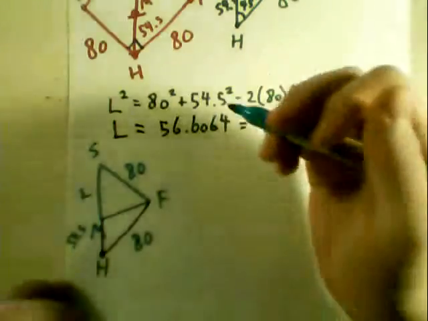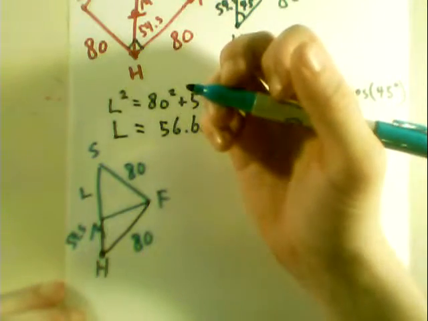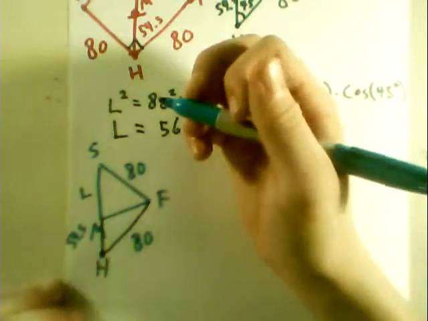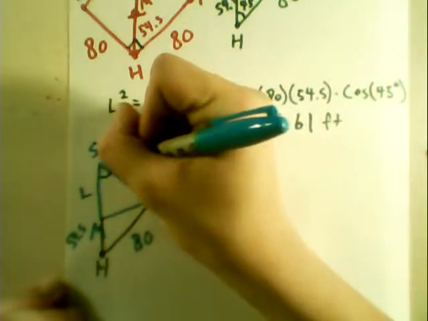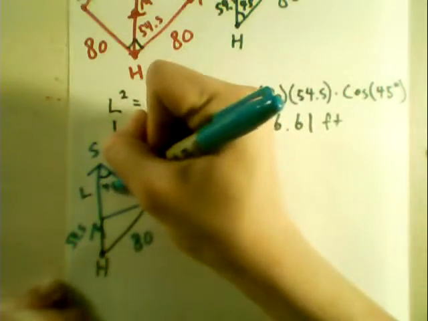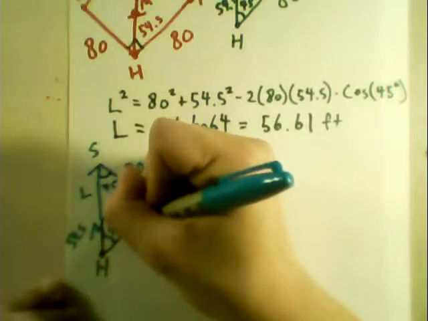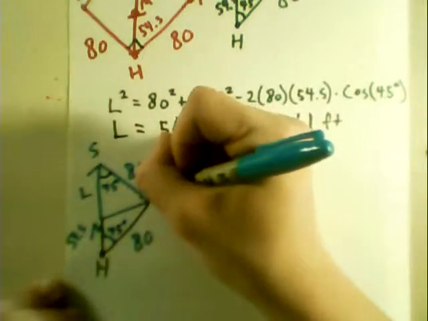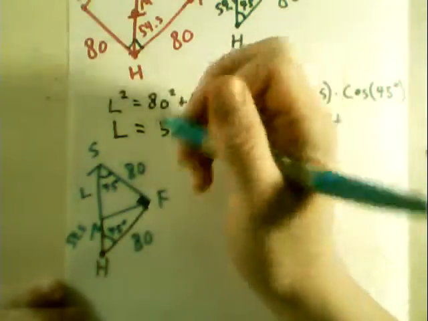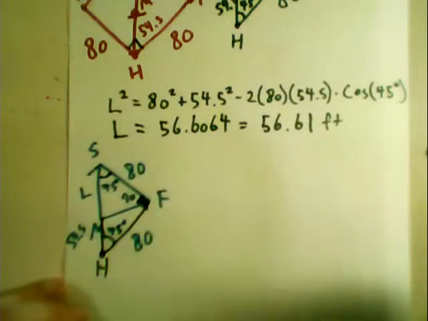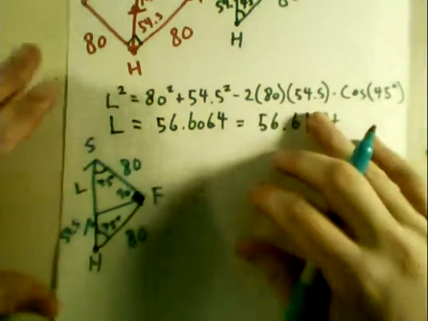Well, this is actually a 45-45-90 triangle, because this line right here intersects what was a right angle and makes a 45-degree angle. This one is the same thing, makes a 45-degree angle, and then this end of the diamond is a 90-degree angle. So what we can do is apply the Pythagorean theorem.